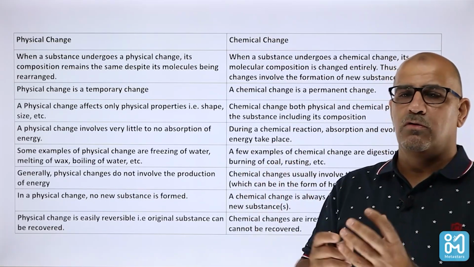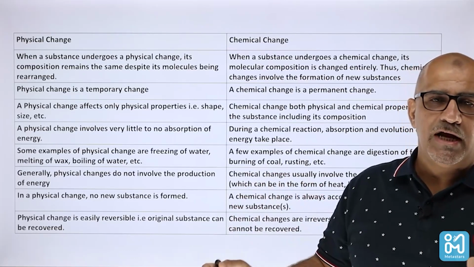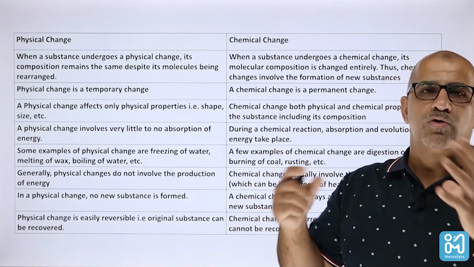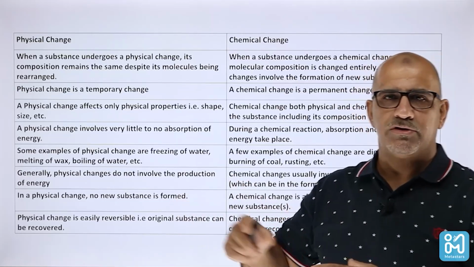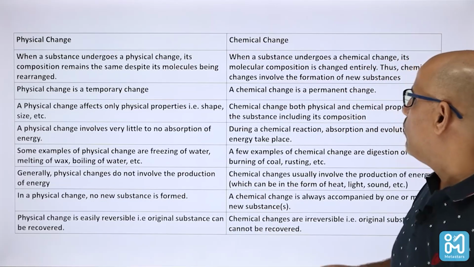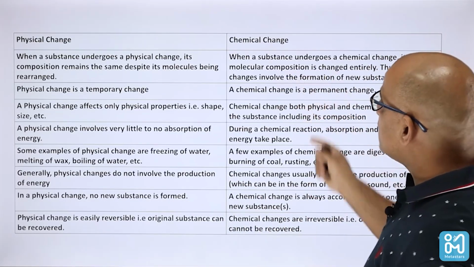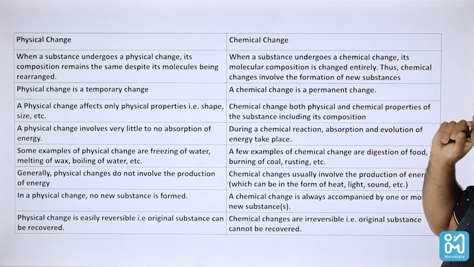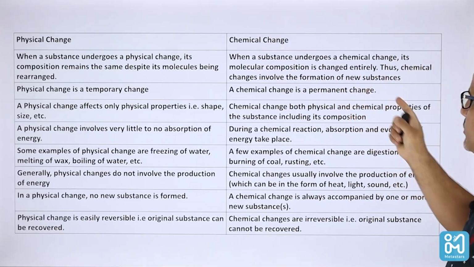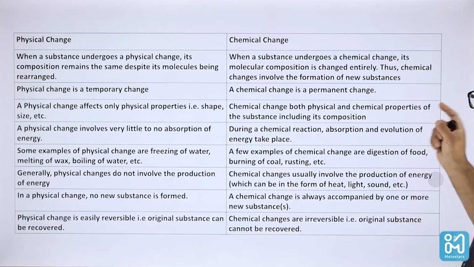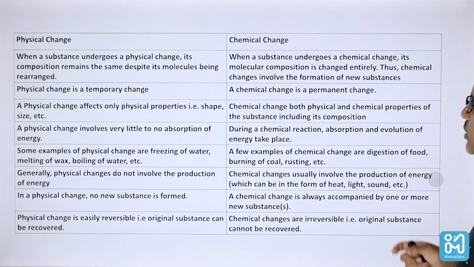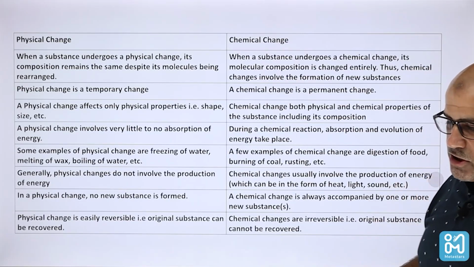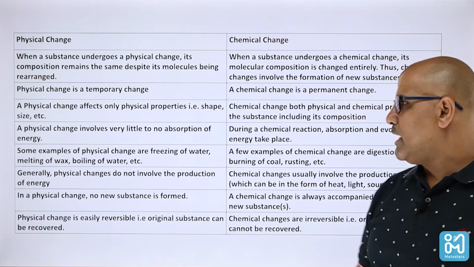So the order of particles changed from a fixed solid structure to a liquid structure where they can slide over each other. In a chemical change, when a substance undergoes chemical change, its molecular composition changed entirely. Thus, the chemical change involves the formation of a new substance.